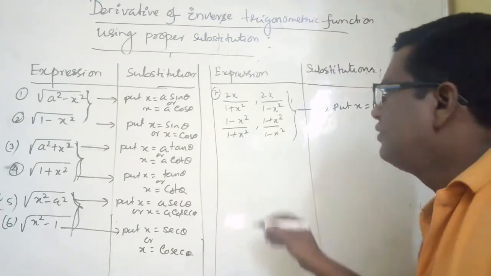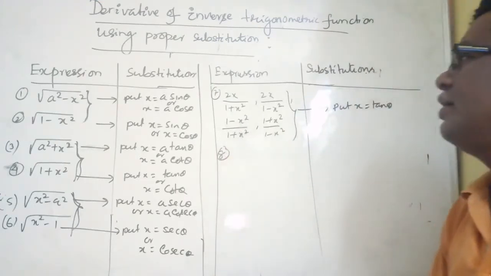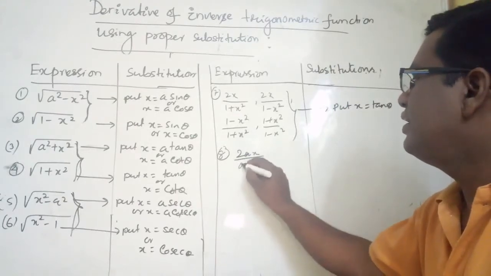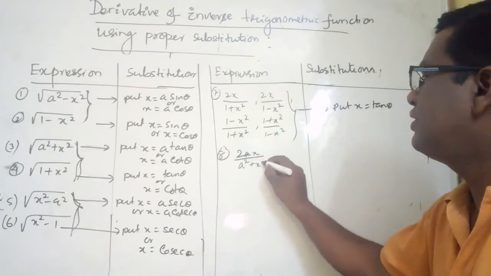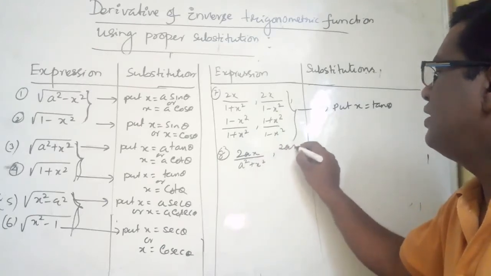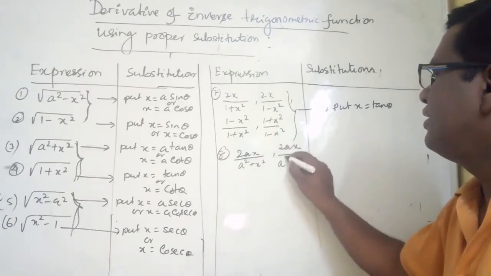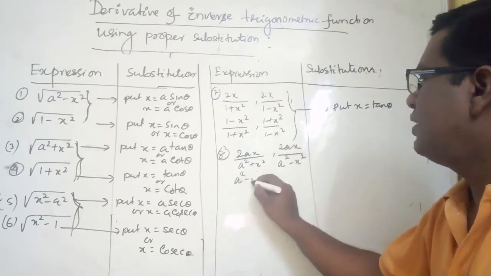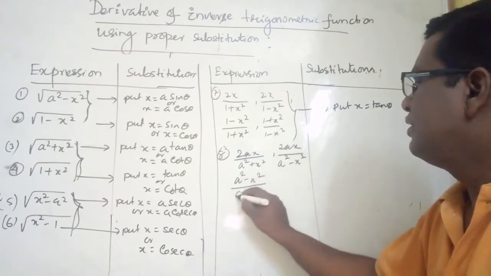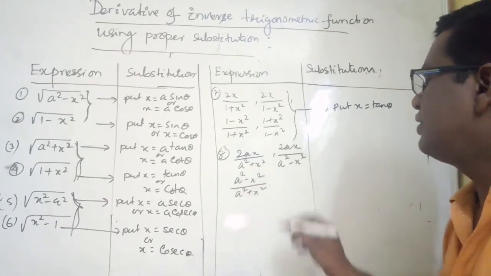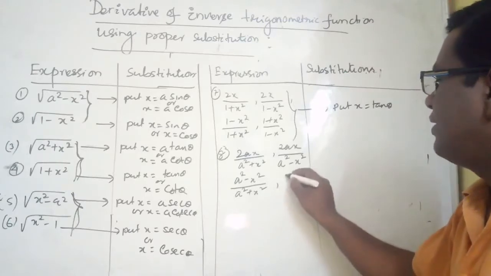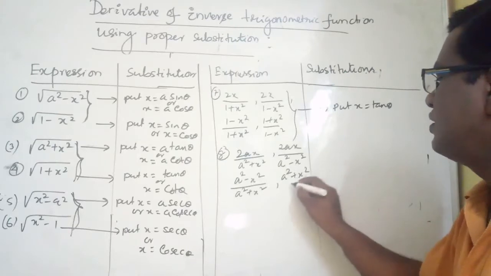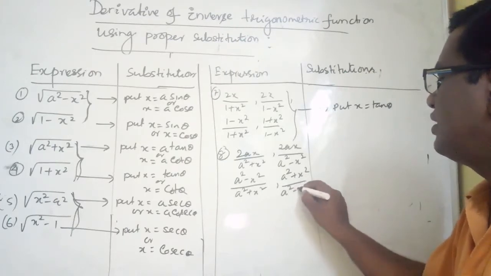It's similar to 2ax by a square plus x square, 2ax by a square minus x square, a square minus x square by a square plus x square, a square plus x square by a square minus x square.